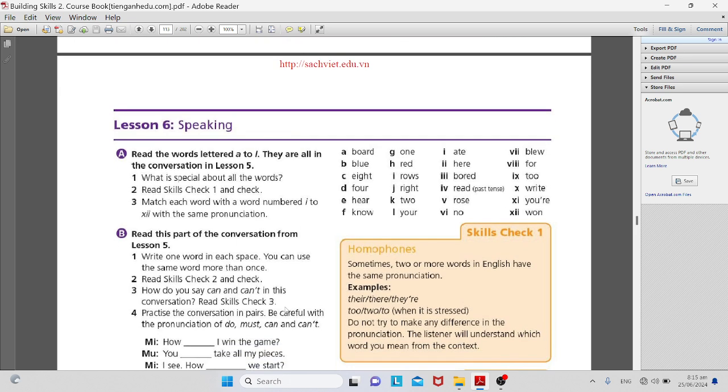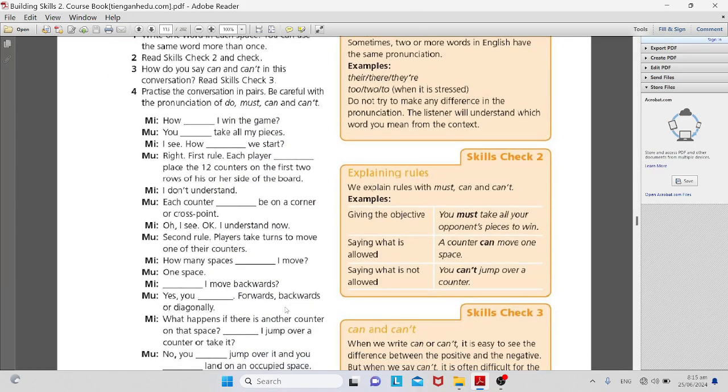Skills check 2, explaining rules. We explain rules with must, can, and can't. Examples: giving the objective, you must take all your opponent's pieces to win. Saying what is allowed, a counter can move one space. Saying what's not allowed, you can't jump over a counter.